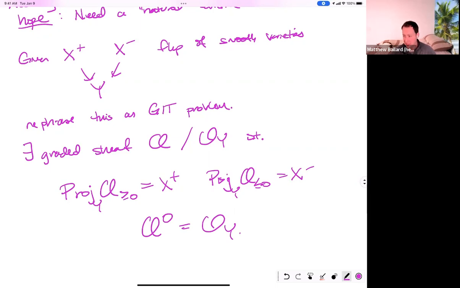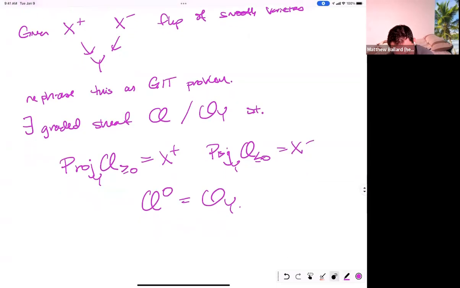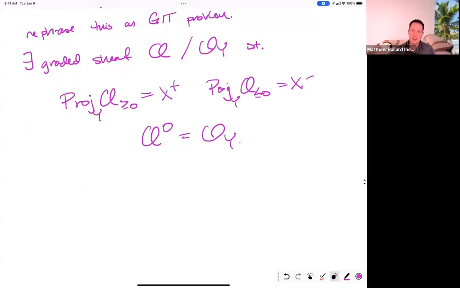And the examples I gave before, at least some of them, have really simple presentations in terms of the rings that are involved. Usually here I'm going to take Y to be affine, because you can do this locally on the base.